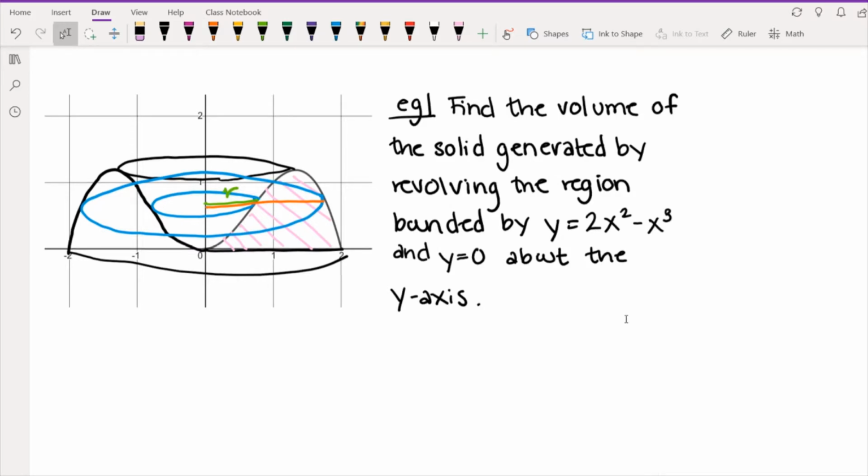And we would need to be integrating with respect to y to even do this, because when you're using the washer method you would be stacking these disks vertically, so we'd be integrating with respect to y. First of all, we would need to solve this equation to get it as a function of y instead of x, and that is not an easy thing to do. And additionally, the main thing that stands out to me is that usually when we use the washer method, we have 2 different functions for the inner and outer radius.